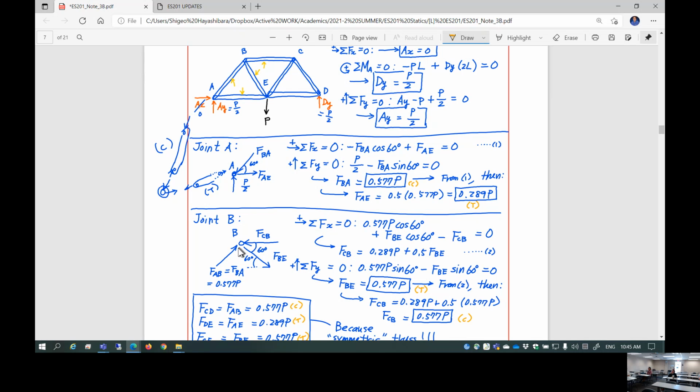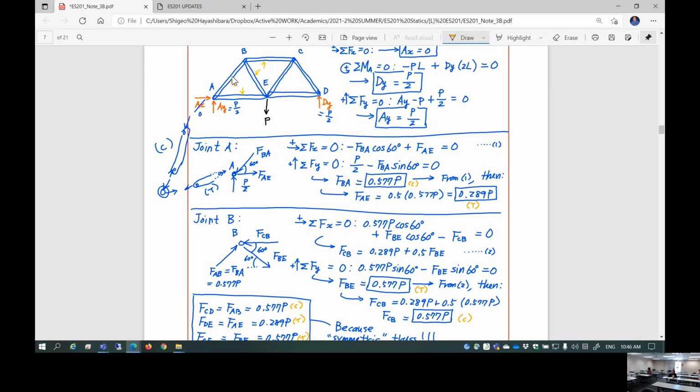Joint B. Yeah, so FAB is what? FAB is compressive, isn't it? FB is compressive, so this actually supports the joint from here.